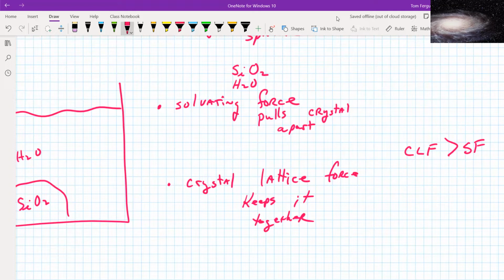You start with hot sugar water and let it cool down and it crystallizes. The temperature of the water goes down, the solvating force becomes less, and the lattice force wins. Okay, so your point is well taken. Also the structure of the crystal itself: how stable is it in the solvent environment?